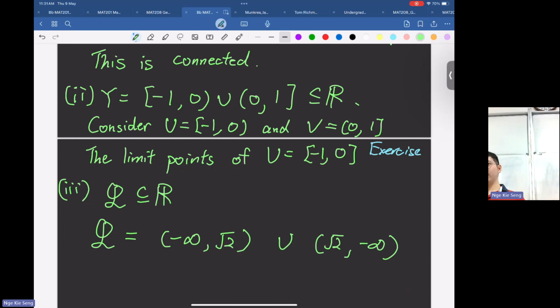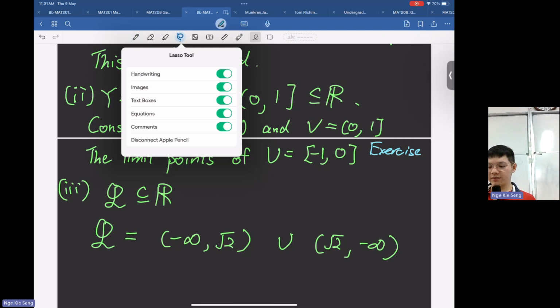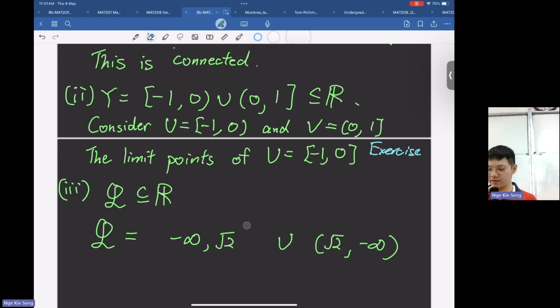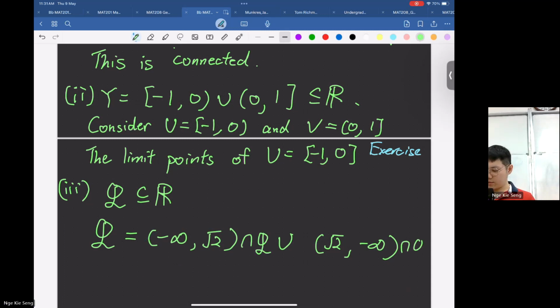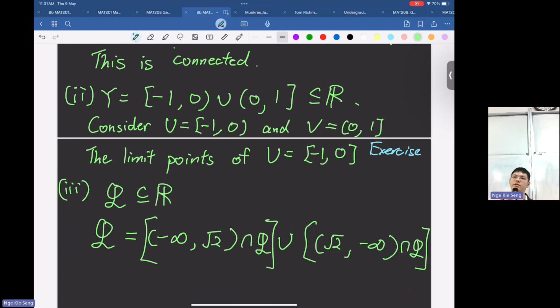Is this enough or not? You need to consider the subspace, right? So like this. Okay, so this is a separation for the rational numbers. Or not just square root 2, you can take any irrational.